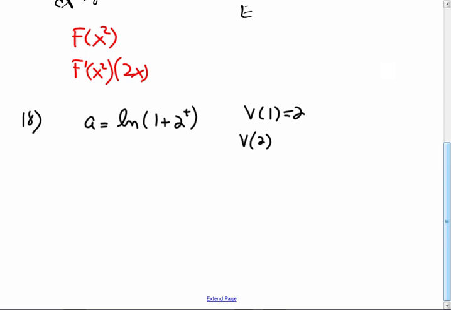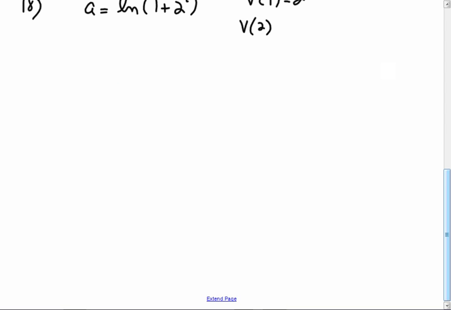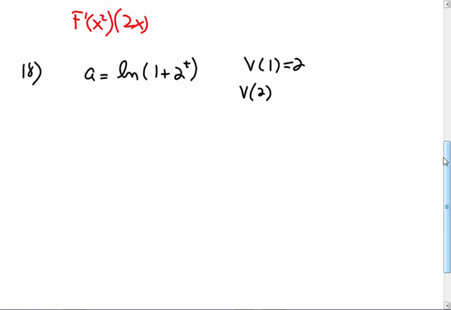But I don't know how to integrate that. So I'm going to use my calculator. I'm going to integrate a from 1 to 2. And what's that going to give me? What's the antiderivative of the acceleration? Exactly. Antiderivative of acceleration is the velocity.